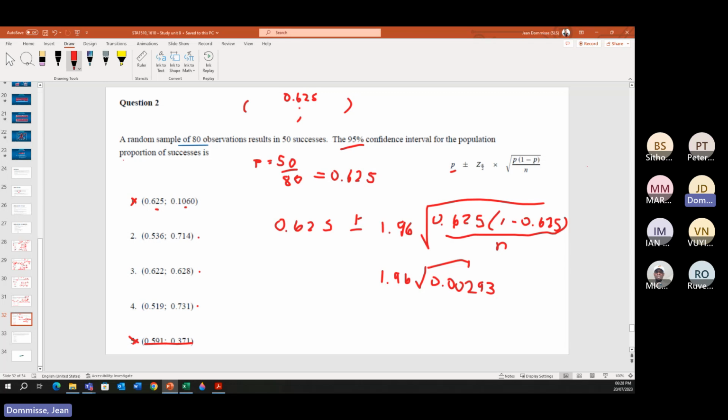I still need to take the square root of that, and then multiply it by 1.96. When I do that, I get that I need to plus or minus 0.1060.